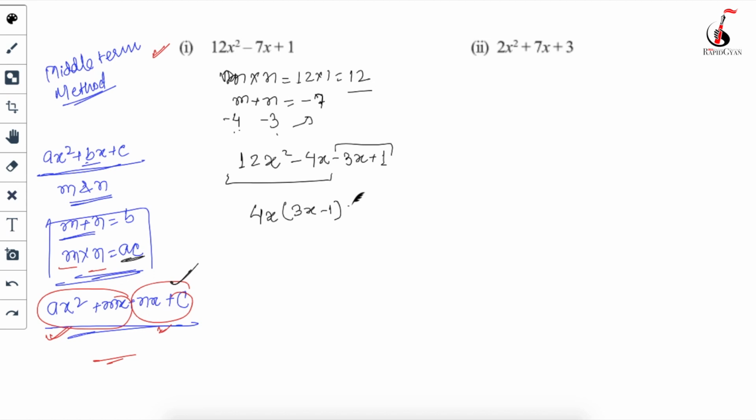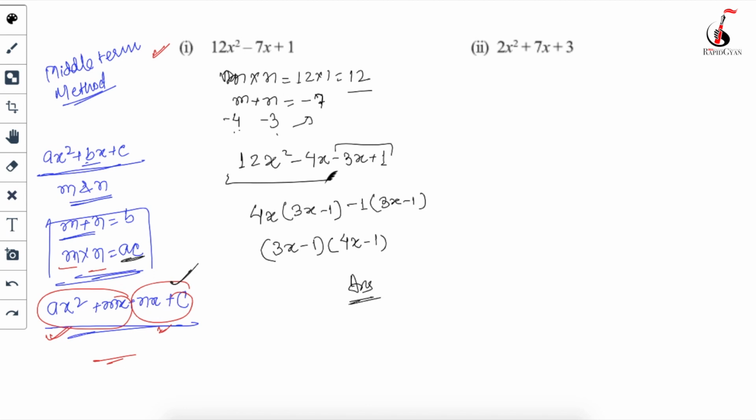So from here I can take minus 1 common, and I will get 3x minus 1. Now from these two terms I can further take 3x minus 1 common, and I will get 4x minus 1. That's my answer. Okay beta, it's very simple.